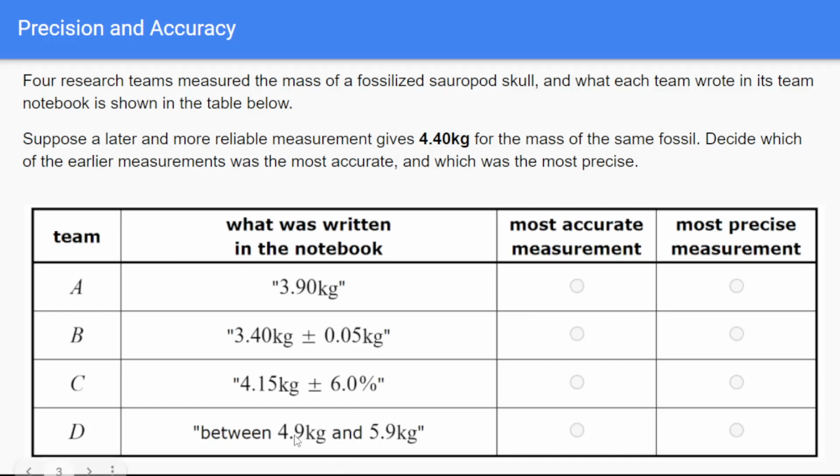And look down here, this gives you a range. So the range tells you that you have plus or minus a certain value, but it's not really stated like this. But if we think about the midpoint, then we have plus a certain amount and then minus a certain amount.